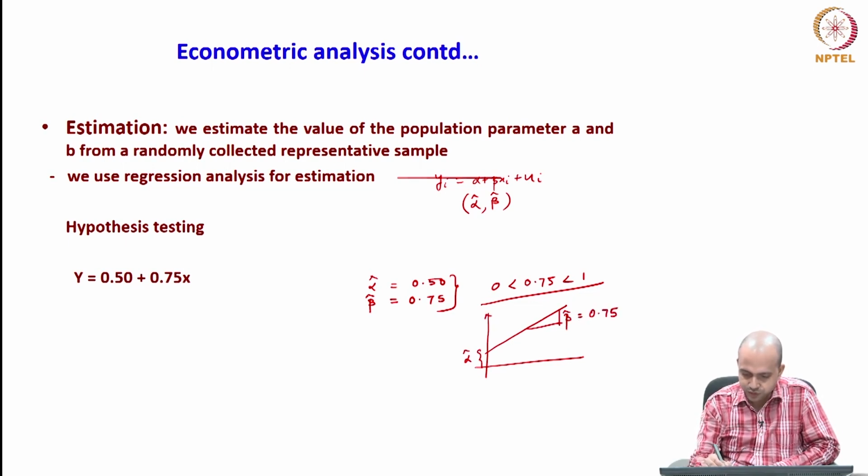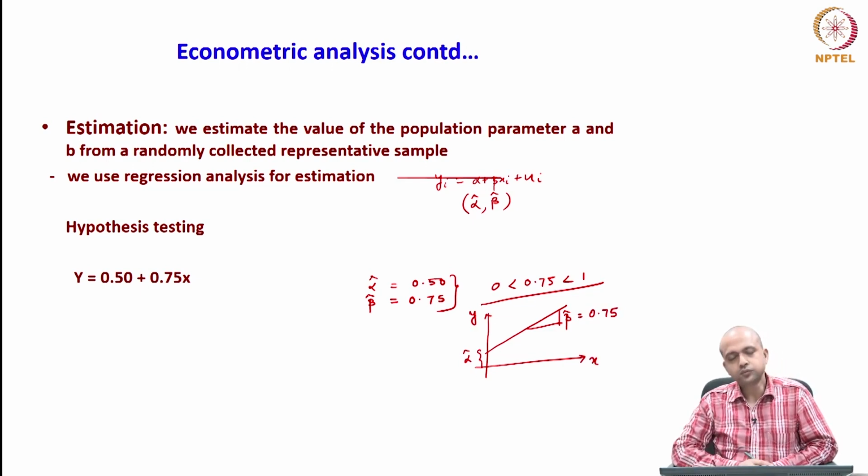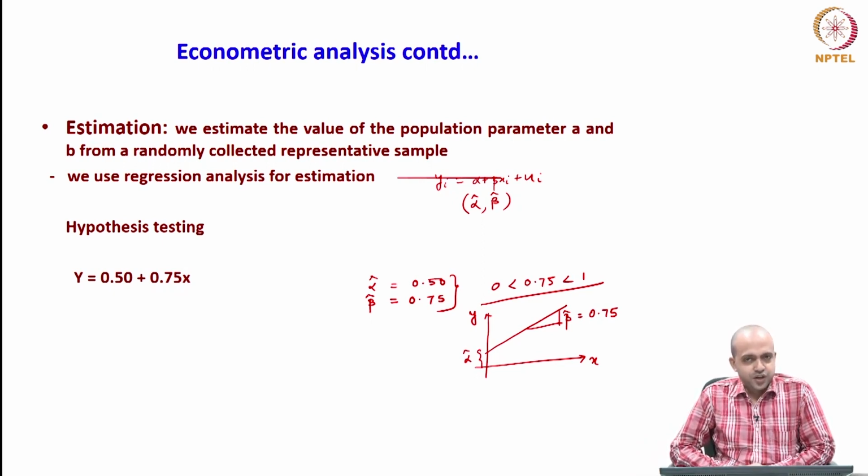Let us say this is your consumption and this is your income. So apparently you may think immediately after estimation that yes, the properties of the Keynesian consumption function are actually satisfied. But statisticians and econometricians give some kind of caution to draw that type of inference immediately after estimating the model.